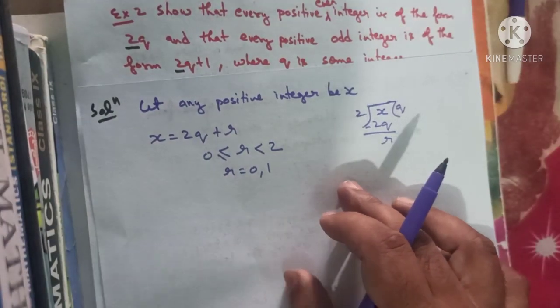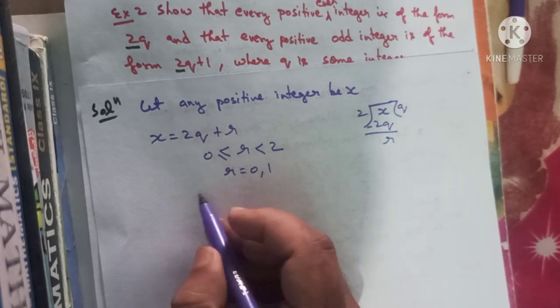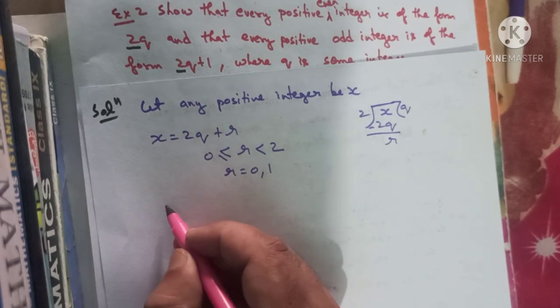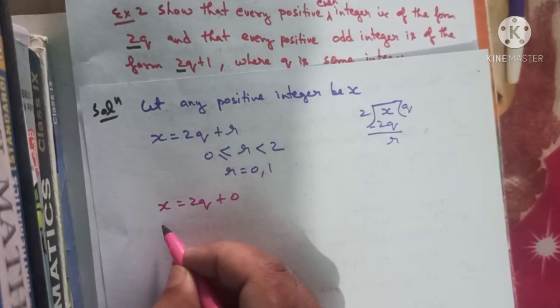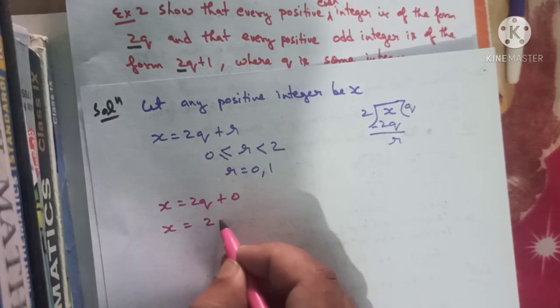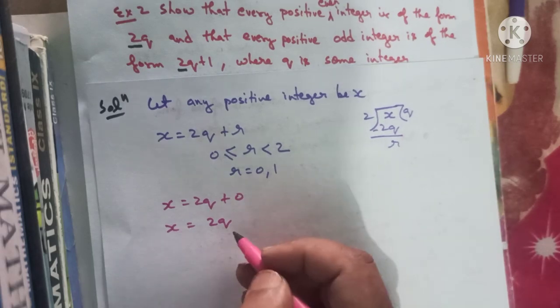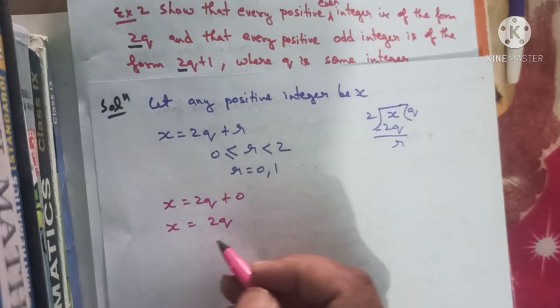In the first case, if the remainder is 0, the division algorithm will be x is equal to 2q plus 0, that is x is equal to 2q. So it clearly indicates that it is a positive even integer since it is divisible by 2.